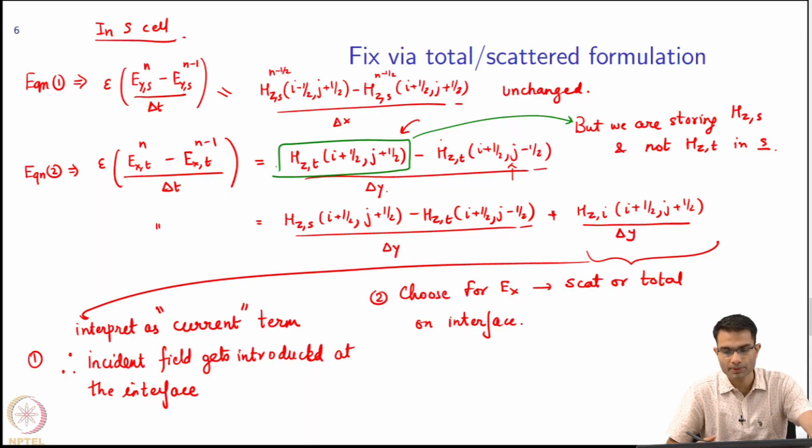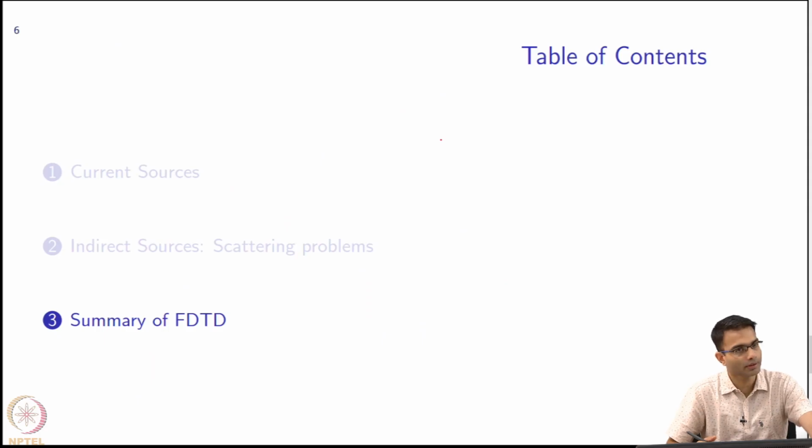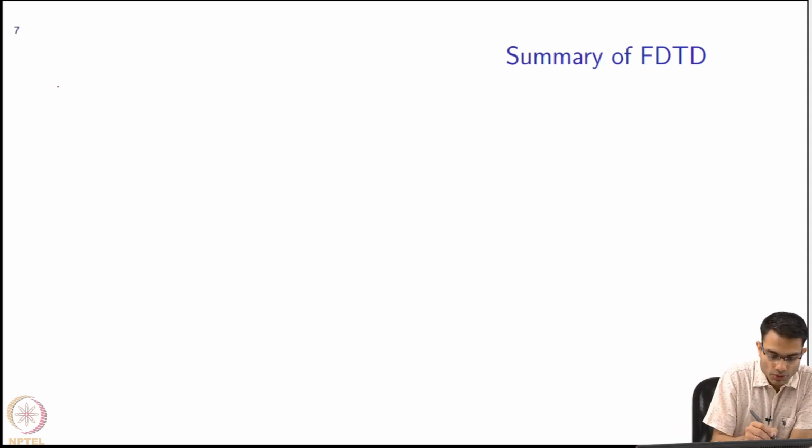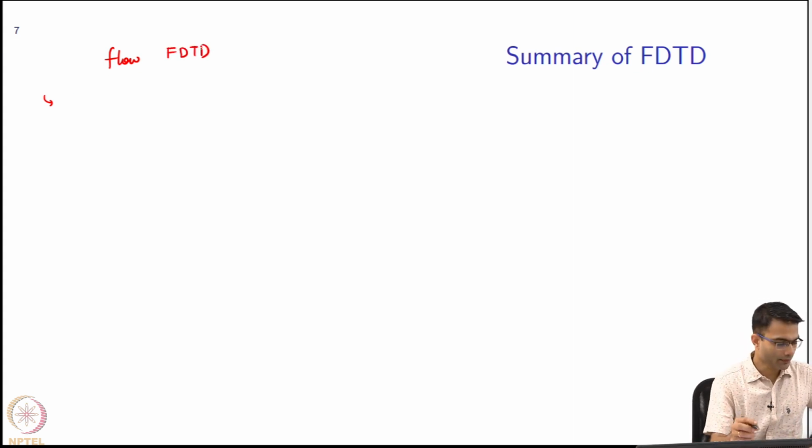So, this brings us to an end of the FDTD method, right. So, we will just summarize the various aspects that we looked at. What did we start with? The flow, because there were many modules over here. What was the first thing that we did?